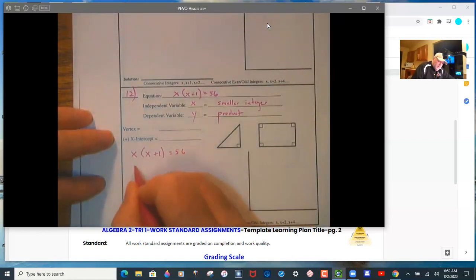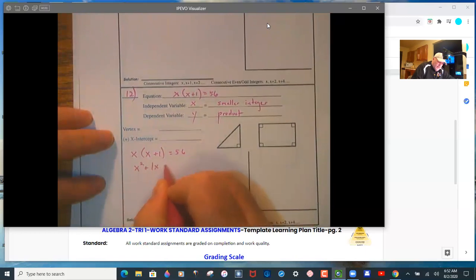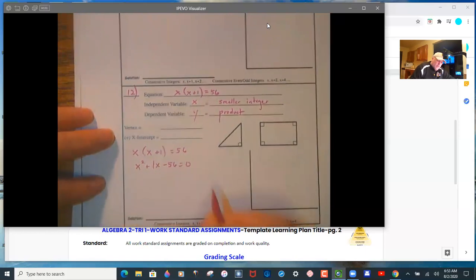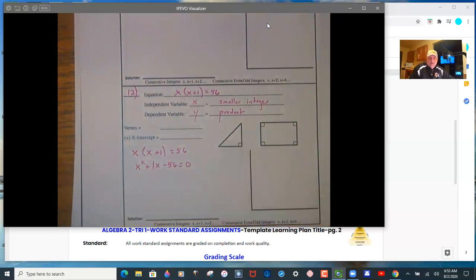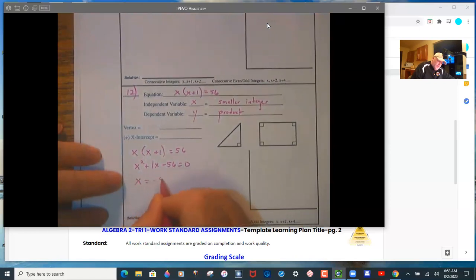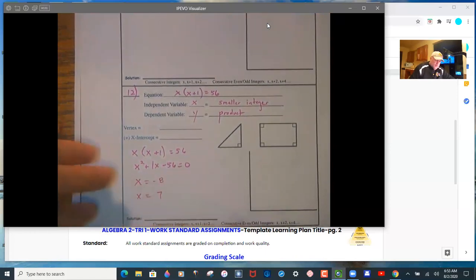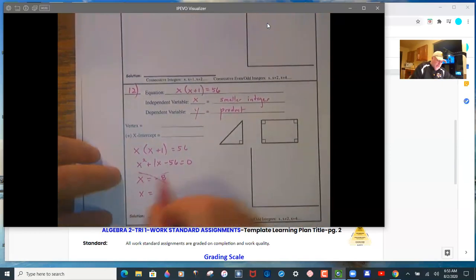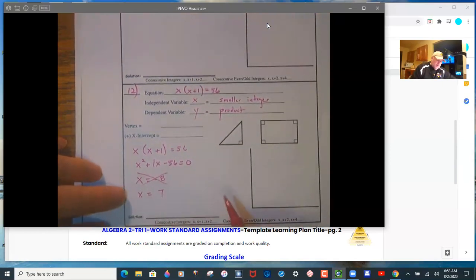So come down here, take the product. There's none of the diagrams that you need to use on this. So you're going to get -8 and 7 on this. We want to throw off the -8, and we're going to use the 7.